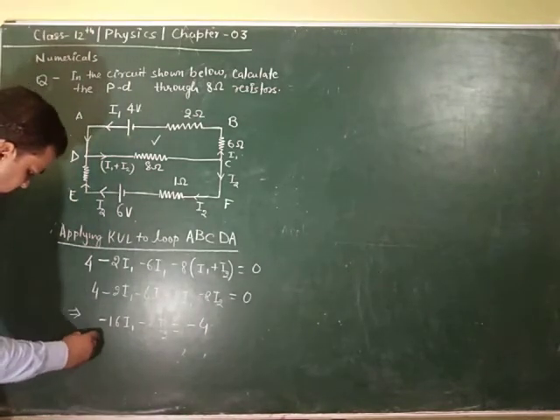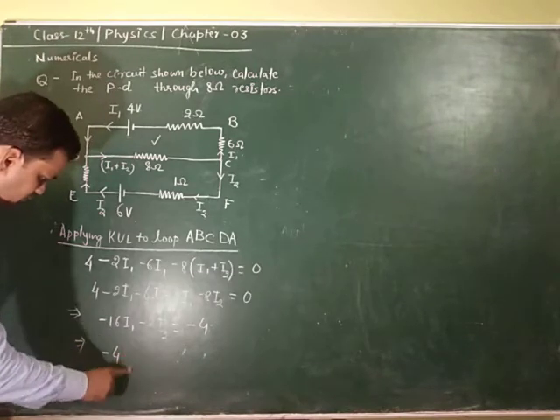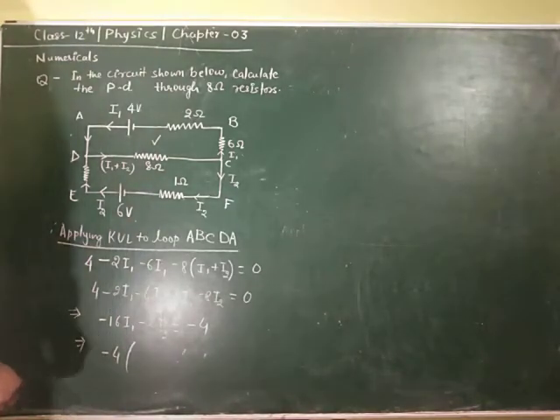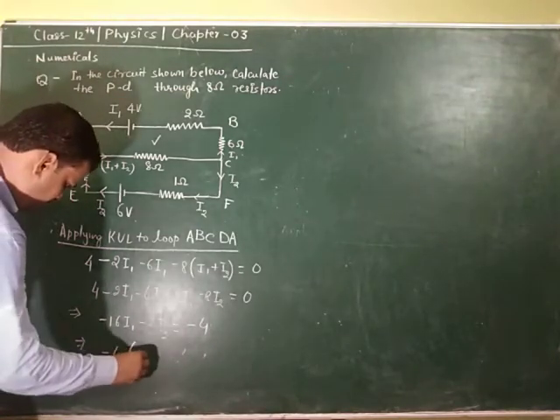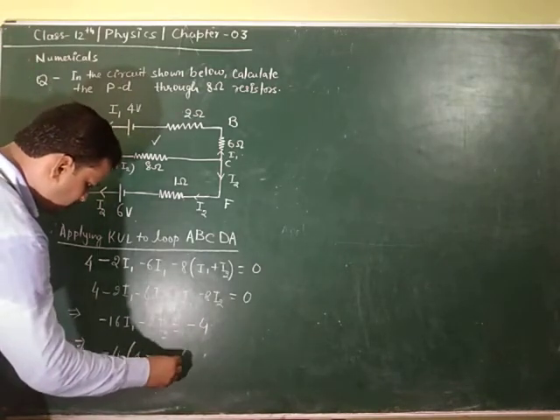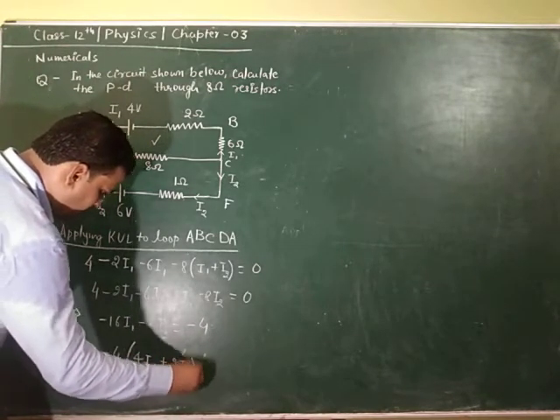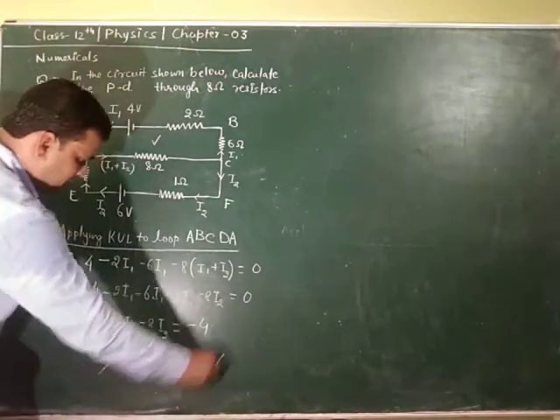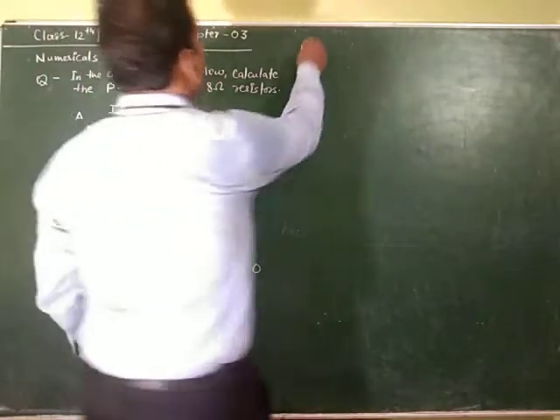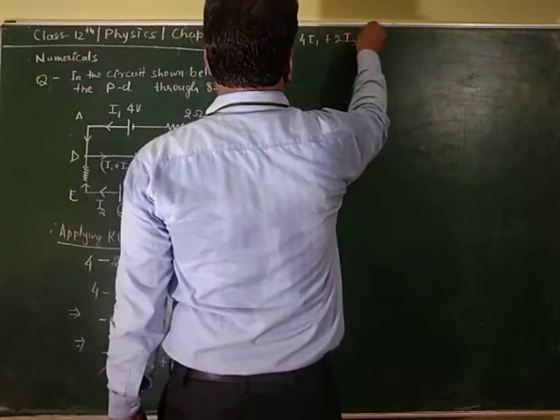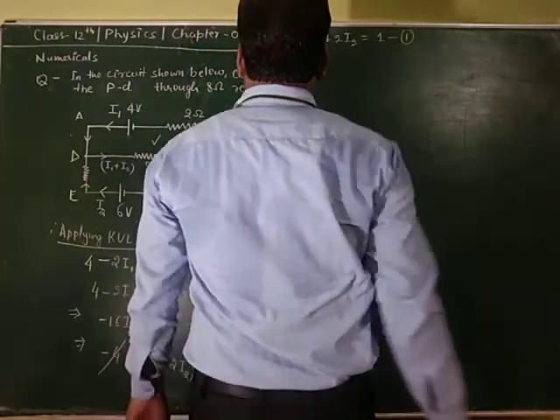Here we can take the 4 as common, so it becomes 4I1 plus 2I2 is equals to 4 minus of 4. So cancelling this, it becomes 4I1 plus 2I2 is equals to 1. This is equation number 1.